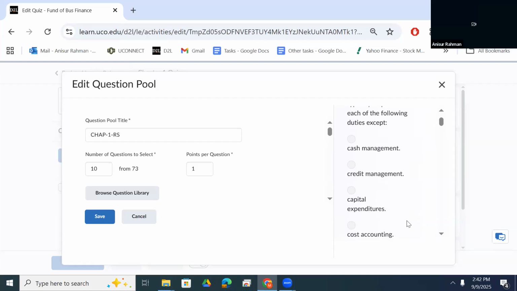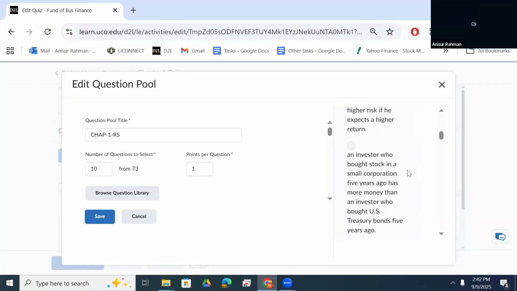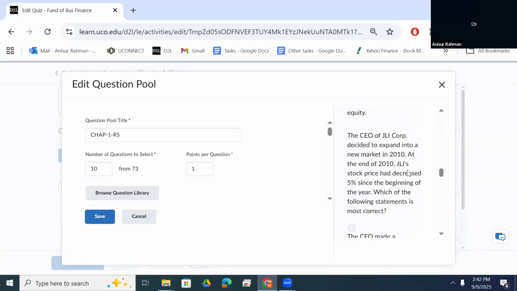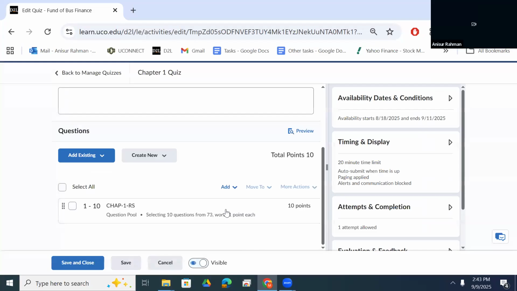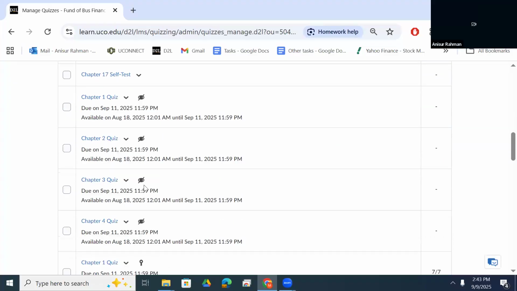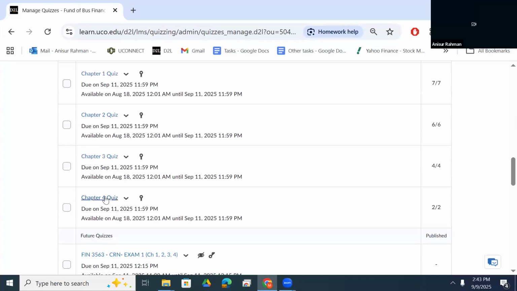And all 50 questions on the test will be multiple choice questions, both theory or conceptual questions like this and math problems. So an example of a math problem is, let me go to chapter 3 quiz.